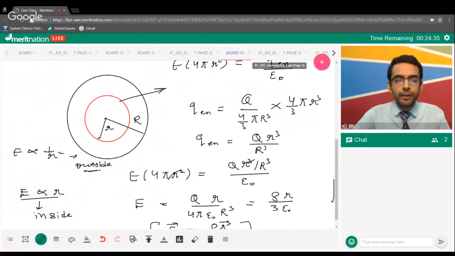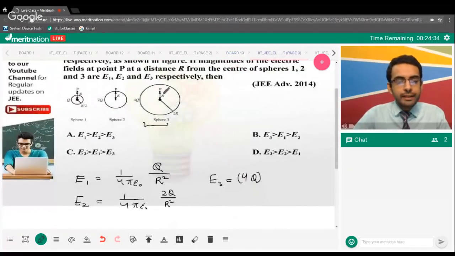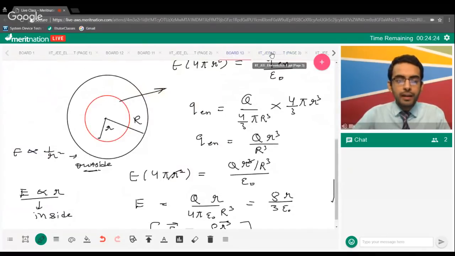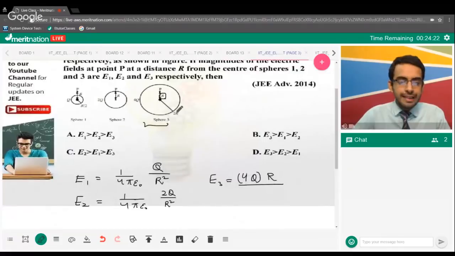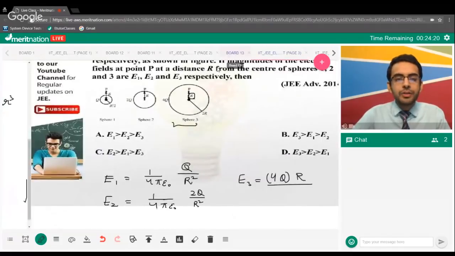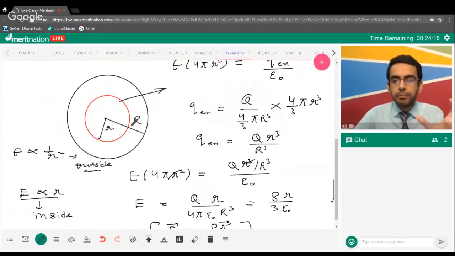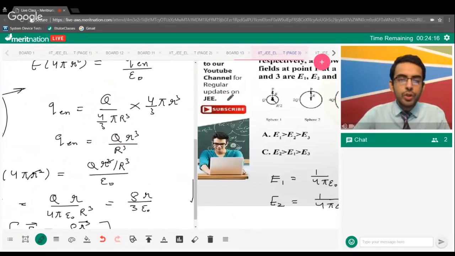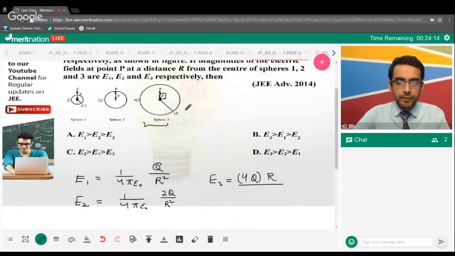In this case, the small r is equal to capital R, divided by 4 pi epsilon naught r cube. Here, this r cube was the radius of the complete sphere, and in this case the radius will be 2r. So you can say 4 pi epsilon naught divided by 2r whole cube.